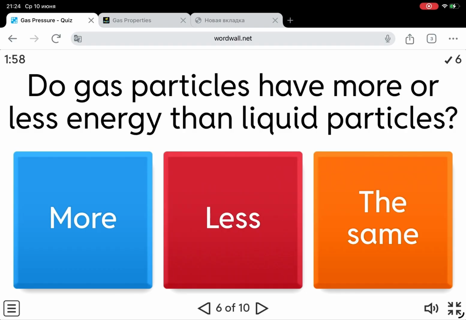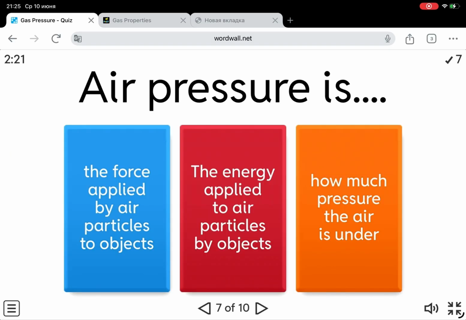Do gas particles move with less energy than liquid particles? As we know, both liquid and gas particles exert pressure, but if we're talking about particles more accurately, gas particles move at a slightly higher speed, which means the energy is higher. Air pressure is the force applied by air particles, how much pressure the air has.